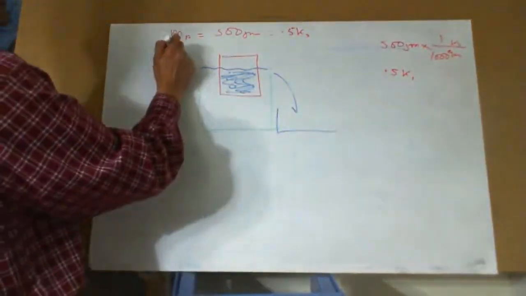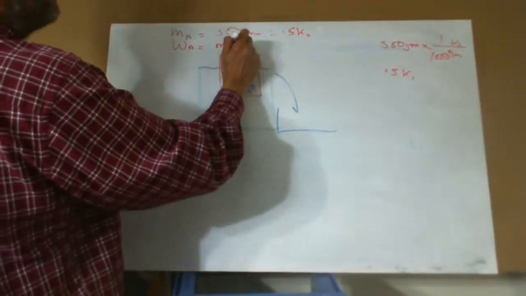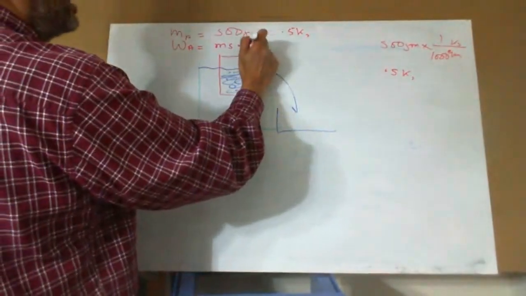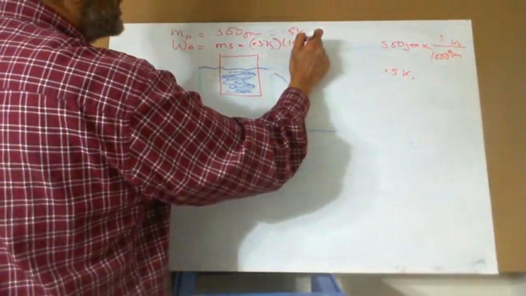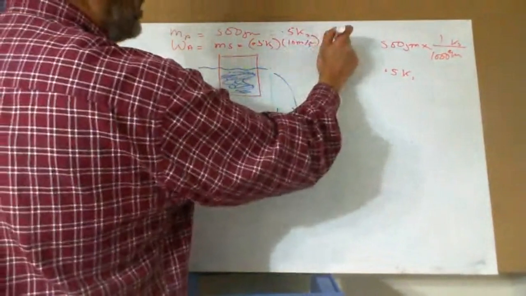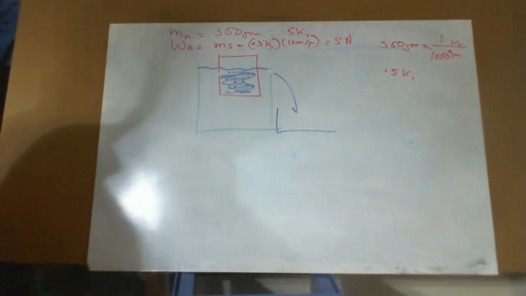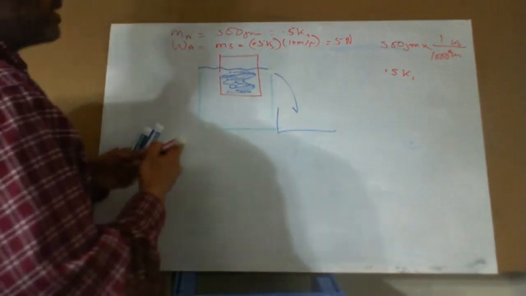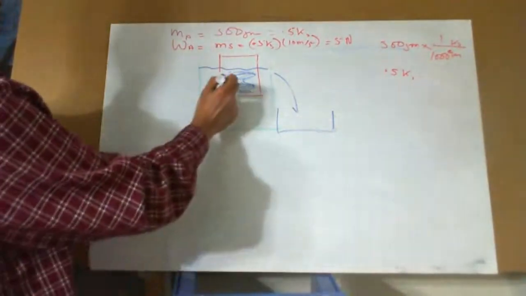And what is the weight? Weight is mass times gravity, which is what? 0.5 kilograms times approximately 10 meters per second squared, which is 5 newtons. So this has a weight of 5 newtons, right? According to Archimedes' principle, the amount of water pushed aside would be how much? Anyone?